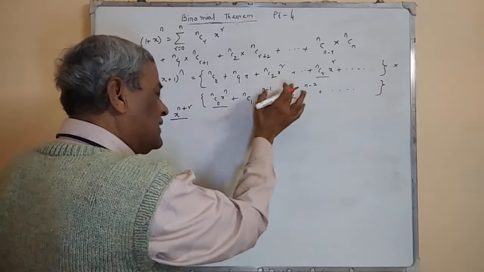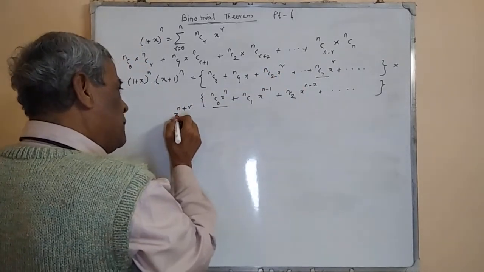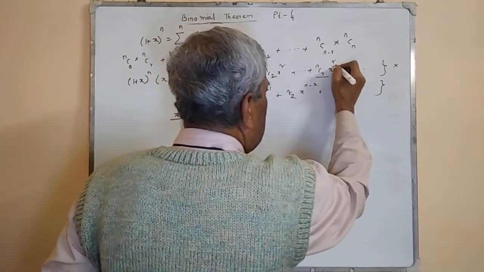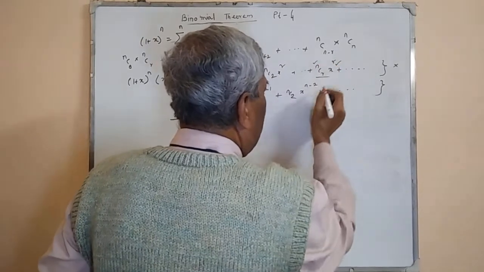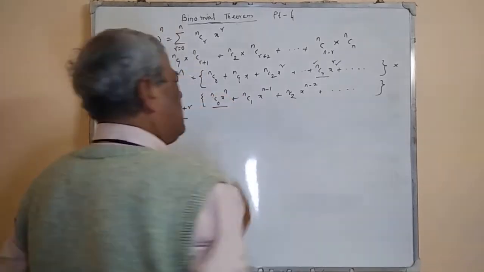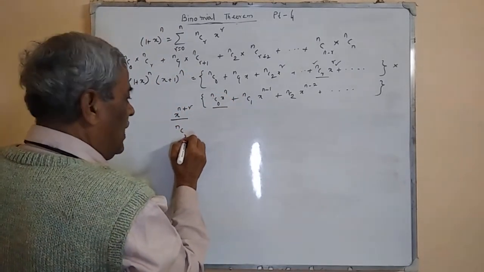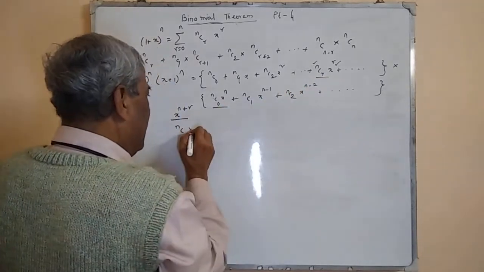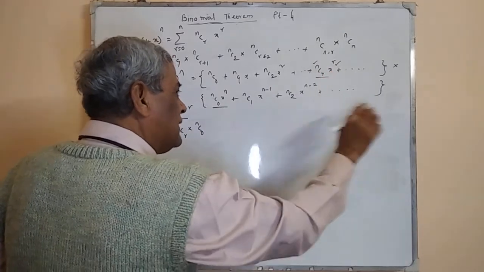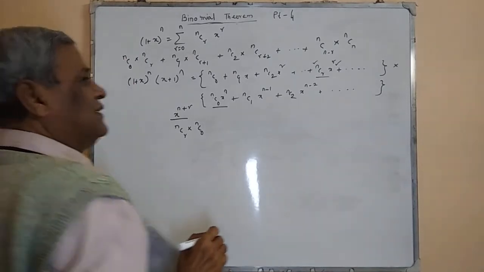This is the right hand side. Therefore, the coefficient of x to the power n plus r: x to the power n is this and x to the power r is this, so the coefficient is this. So we get nCr into nC0.